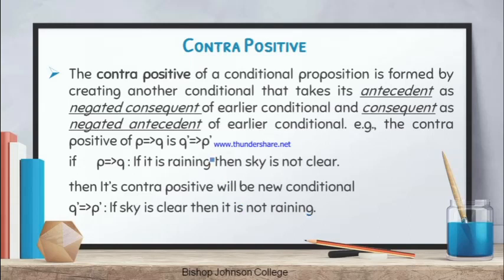Here, same statement, P implies Q. Now the consequent becomes the negated antecedent, and the antecedent becomes the negated consequent. So its contrapositive is what? Not Q implies not P. If the sky is clear, then it is not raining.